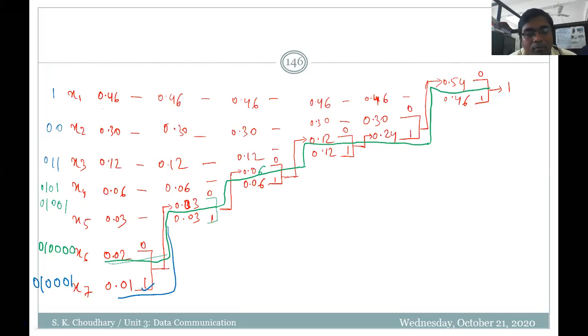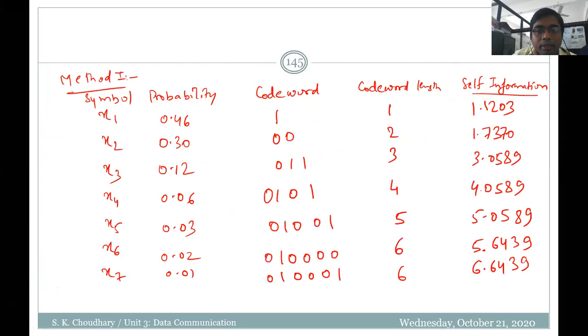So this is the way that, after using the backtracing method, we can encode the symbols given here using Huffman coding. After tracing this, you just write down the values in your table.